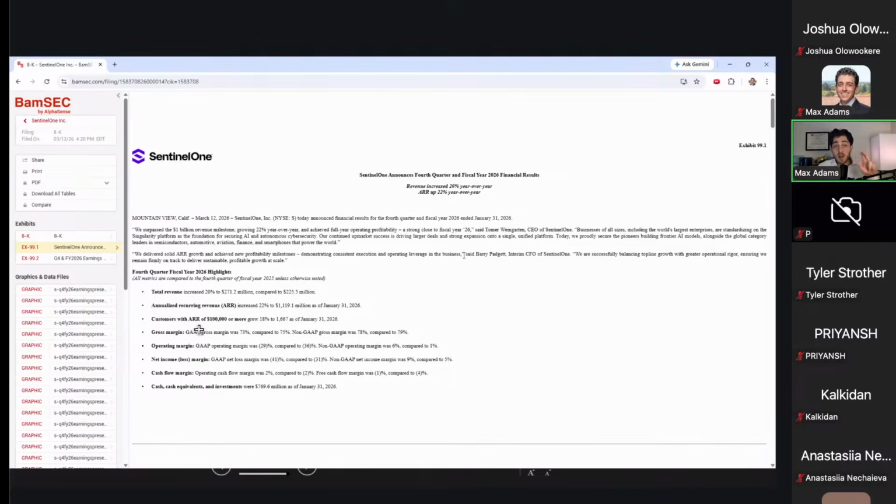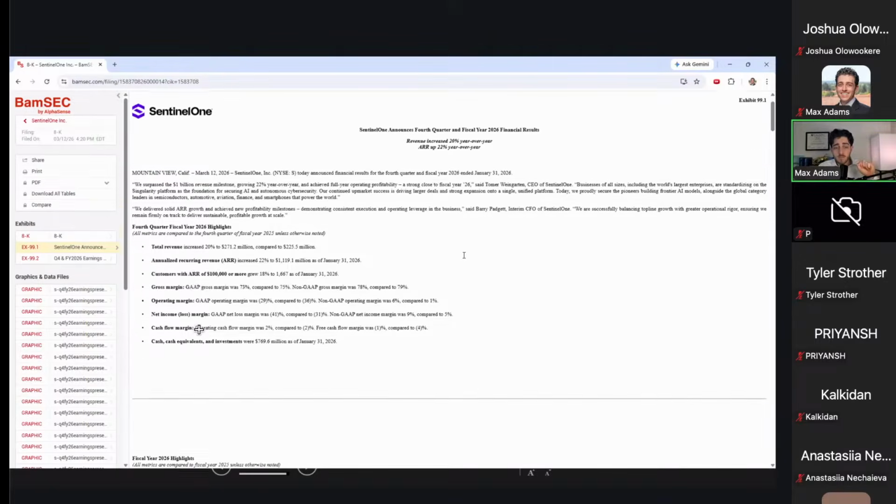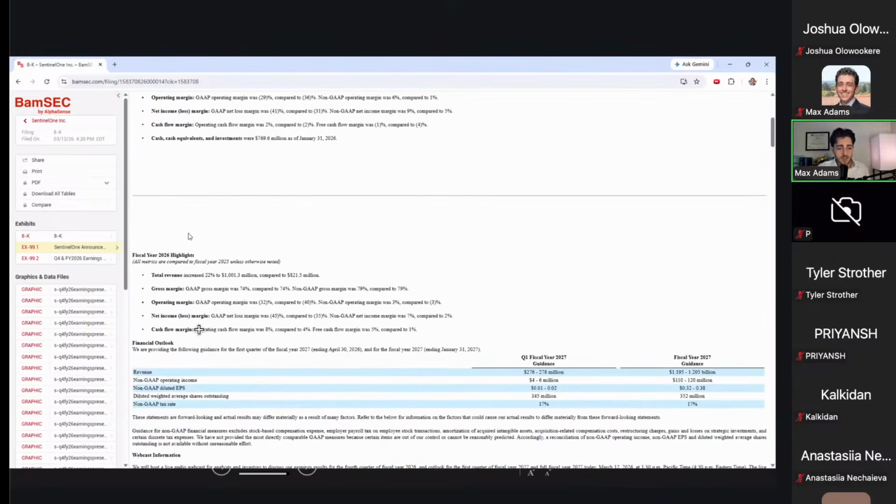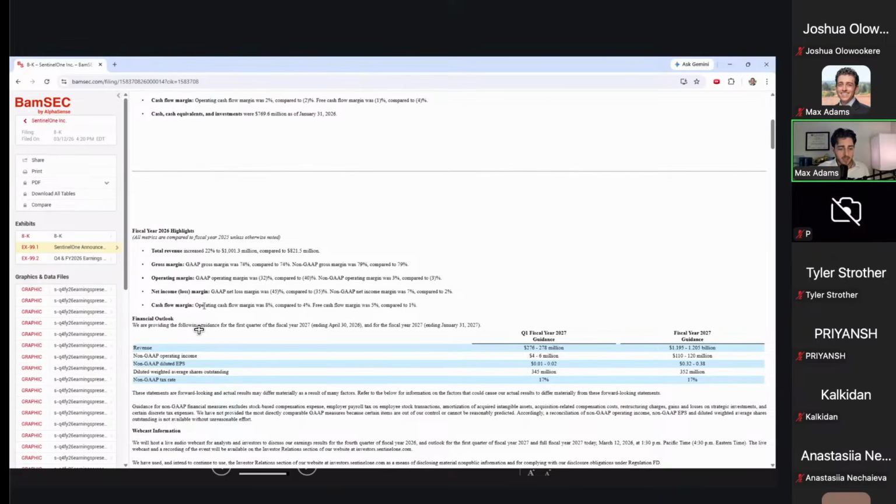And let me point out a couple of things for advanced modelers here. Emil, this may include you. Things that they include in the 8K that they don't include in the 10K are non-GAAP metrics. For example, ARR, annualized recurring revenue, a very, very important metric that's not included in the 10K. Or something like a non-GAAP operating margin.